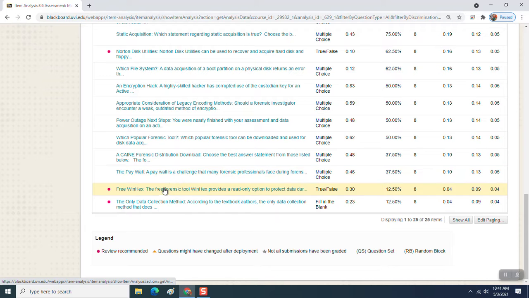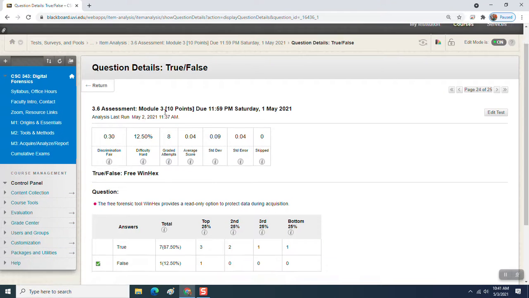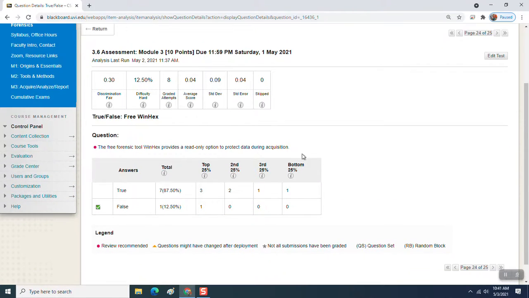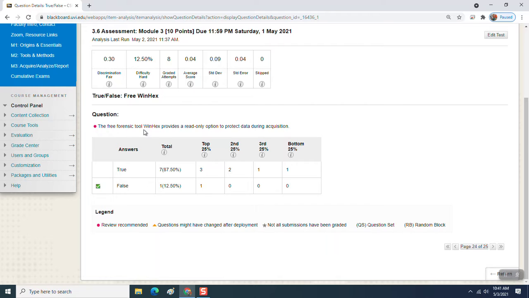Moving right along. This question reads, the free forensic tool WinHex provides a read-only option to protect data during acquisition. This is false. So one thing you have to be aware of is that hex editors are useful tools for assessment, for analysis.